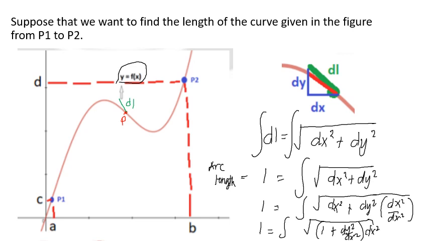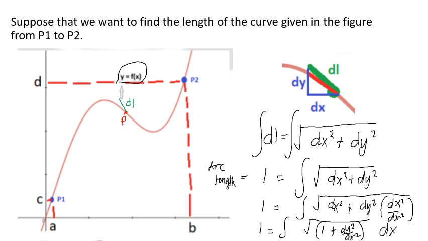And getting the square root of dx squared, this is equal to dx. So we need to get the square root of dx squared, which is dx. So I'll just erase this and I'll put dx outside the roots. So if your curve is in terms of f of x, y is equal to f of x, it's changing in terms of x.